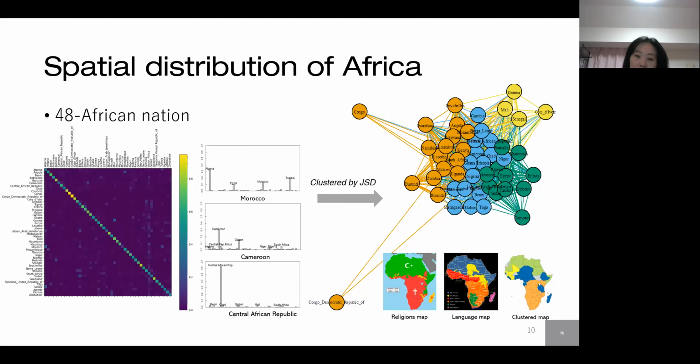The mapping of 4 clusters to the map of Africa is as follows, and it can be seen that geographically close countries have similar ethnic composition. The result can be compared to the composition ratio according to languages and religions.